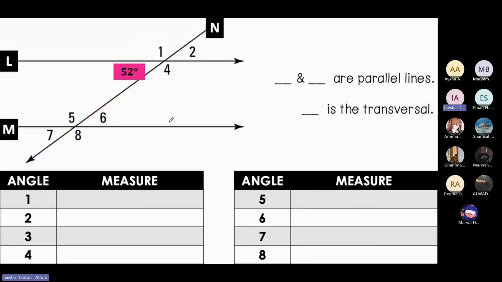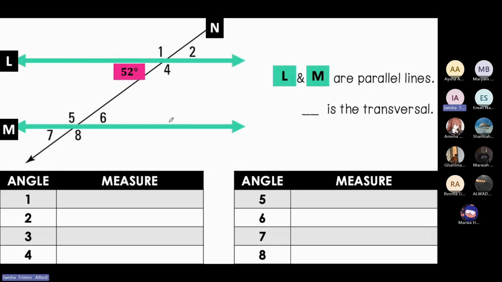Try again. What is the parallel? L and M are the parallels. What is the transversal? N. Fine. So now we're using this square that is up. What else should be 52 degrees? The name and how? Angle 2 and vertical. 52.